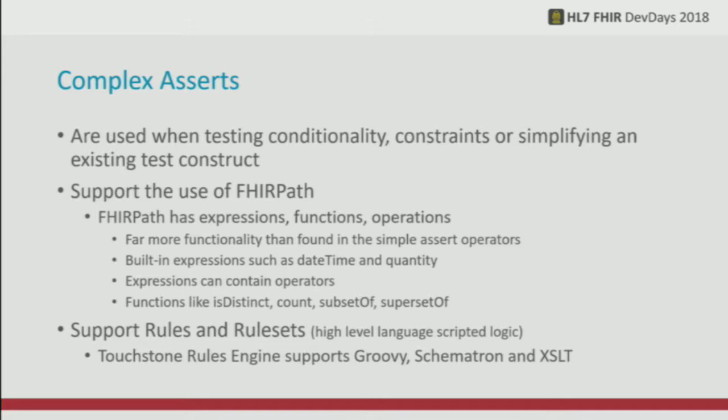FHIRPath is a lot more expressive than just what we can do simply with asserts, with basic simple operators. So as a full-blown expression language, it has additional functionality built into it that we can leverage. So we can do data conversion, we can do other types of things, functions like see if we're in a subset of something. FHIRPath itself as an expression language understands the FHIR structures.